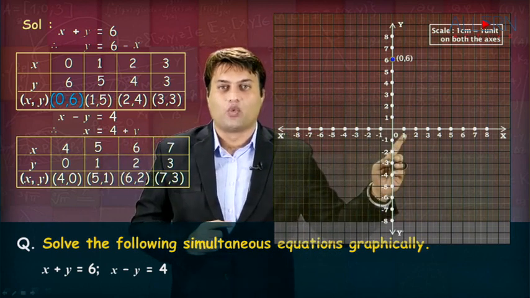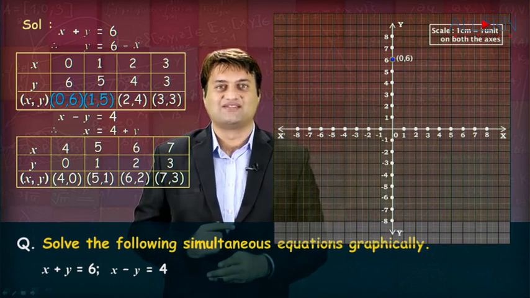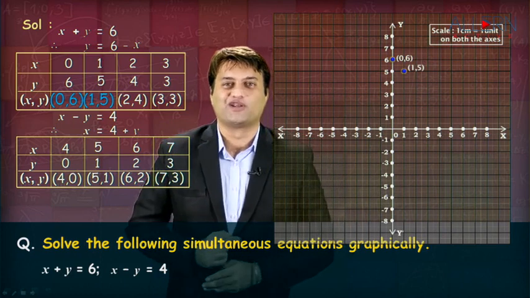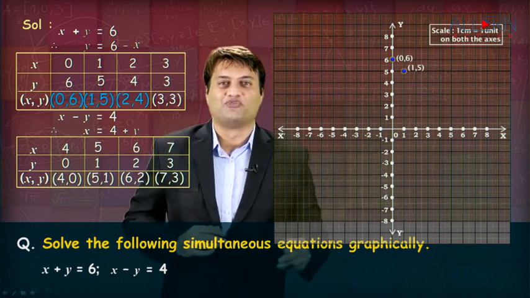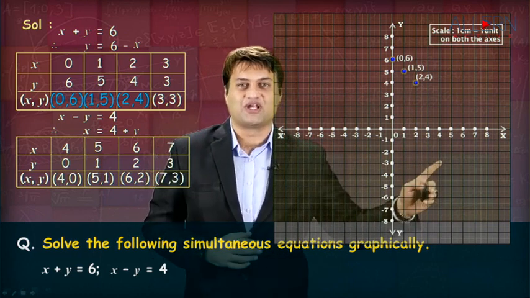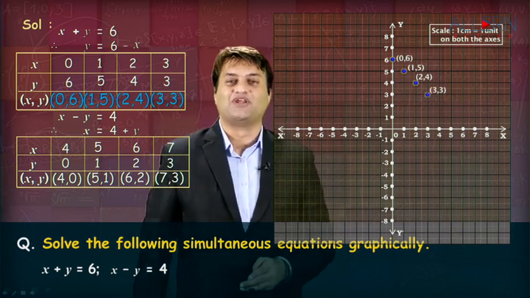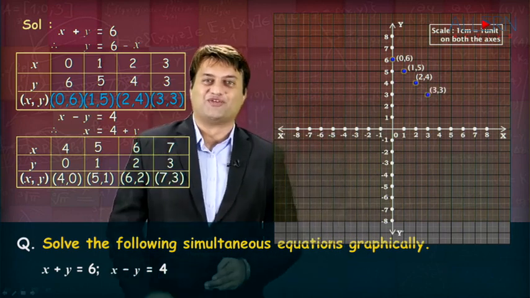So start with 1 on the x axis and move towards 5 on the y axis. So 1, comma 5 would be in the first quadrant, right? 2, comma 4, again in the first quadrant, and 3, comma 3, start with 3 on the x axis, move towards 3 on the y axis, that's 3, comma 3 in the first quadrant, right?